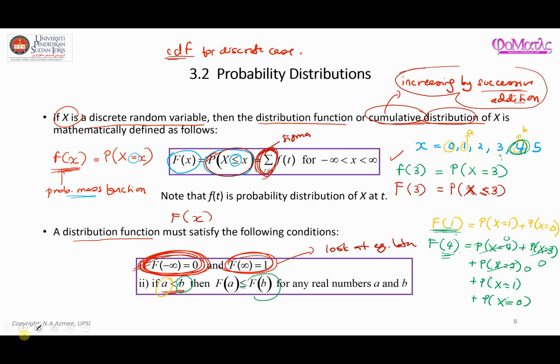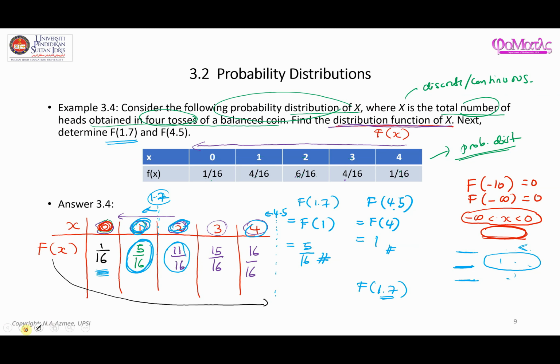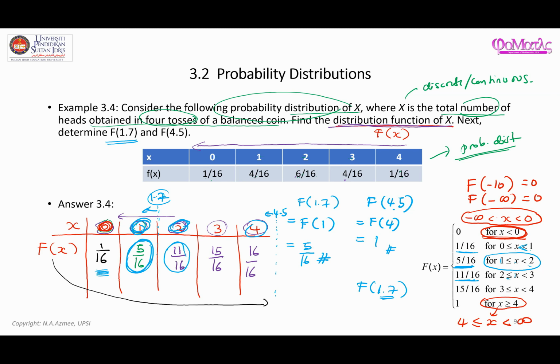For that one, for example, we can write this part here as x greater than or equal to 4 and less than infinity. So the value is going to be equal to 1. This statement can be replaced with this notation, which is also correct, and this statement can also be replaced with this notation right there.